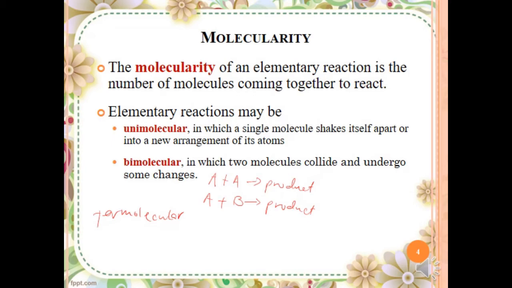But it has low probability, because to get these three different reactants to collide with each other at the same time is rather impossible. So normally a termolecular reaction involves two different molecules, and another one in high concentration, for example solvent.